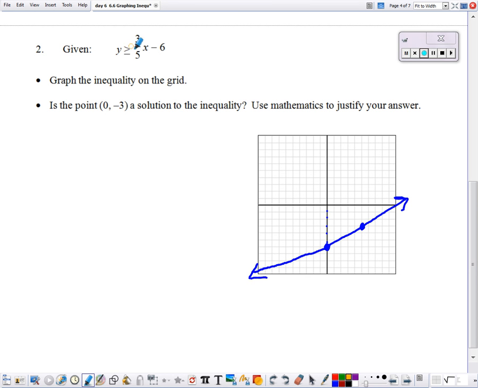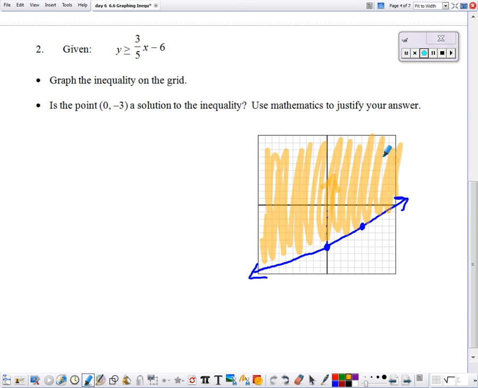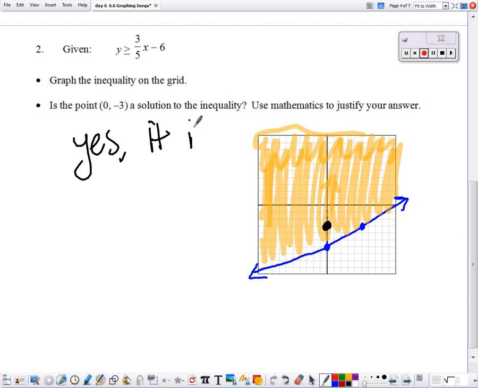It's pointing to the right, so that means everything above the line. So I'm going to color in everything up here. Zero, -3. So is that point a solution? Yes. It is in the shaded area.